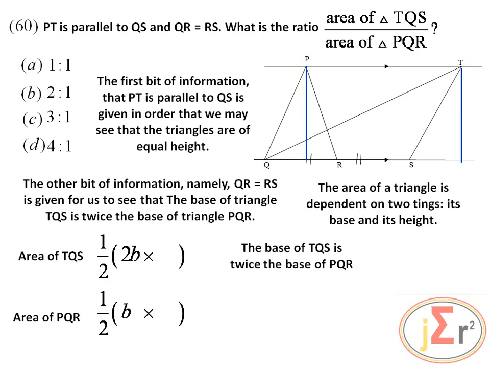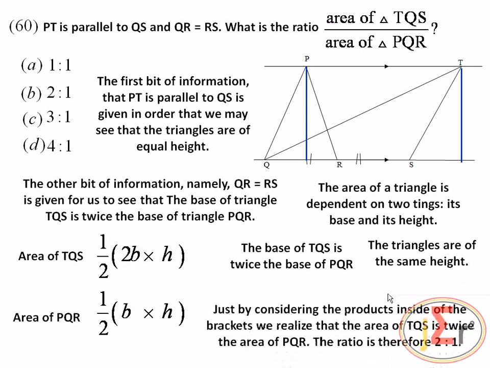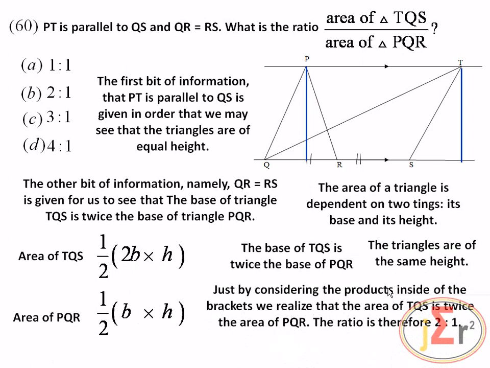So where we have the base, we put 2B for TQS and we put B for PQR. Why? Because this base is twice this one. And what do we know about the heights? The heights are the same. Just by considering the products inside of the brackets, we realize that the area of TQS is twice the area of PQR. The ratio is therefore 2 to 1.